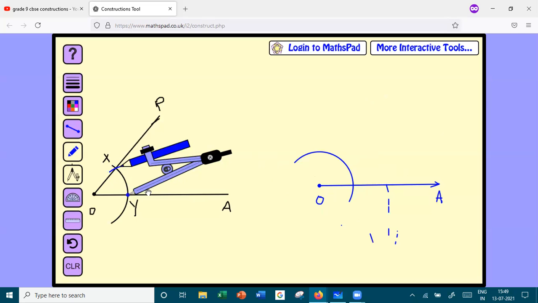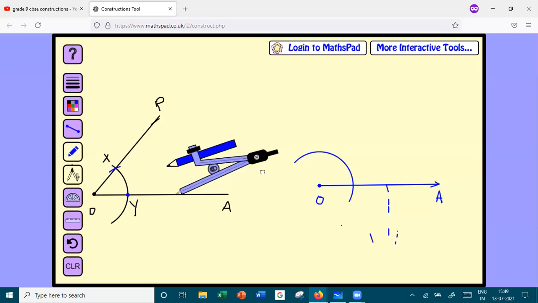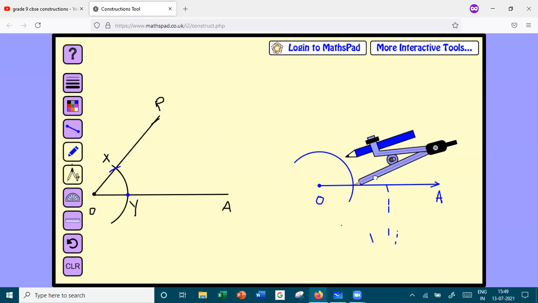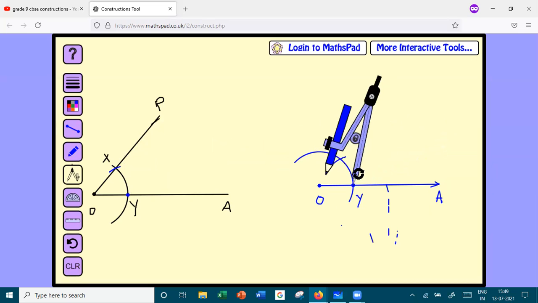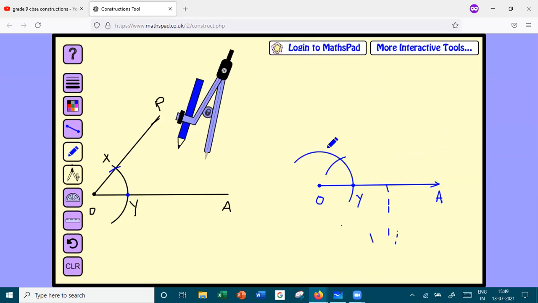Okay, so now that I know the measure of xy, the exact radius, I'm going to take this as it is and place it at my y point here. Let me also call this y. I'm going to cut an arc to get x. So now I've got my arc, and this is also x.